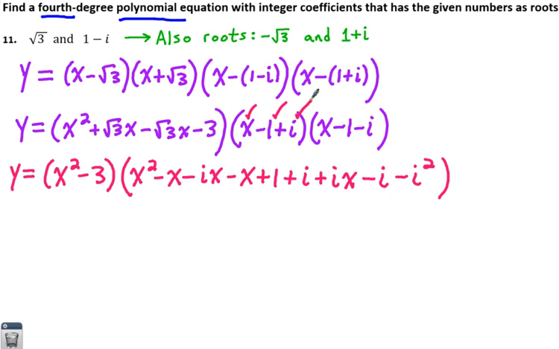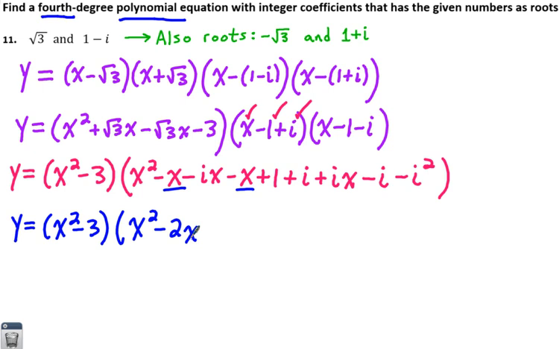Now looking to clean this up a little bit. This and this are going to cancel out. This and this are going to cancel out. Will anything combine? No, x squared, nothing combines. Negative x and negative x, so minus 2x.